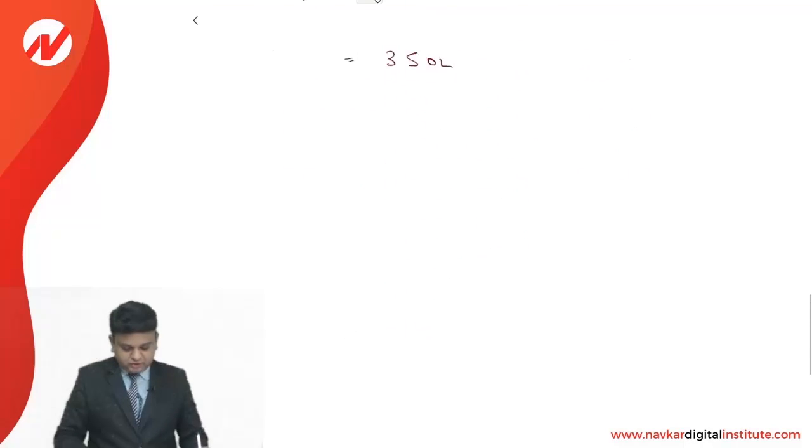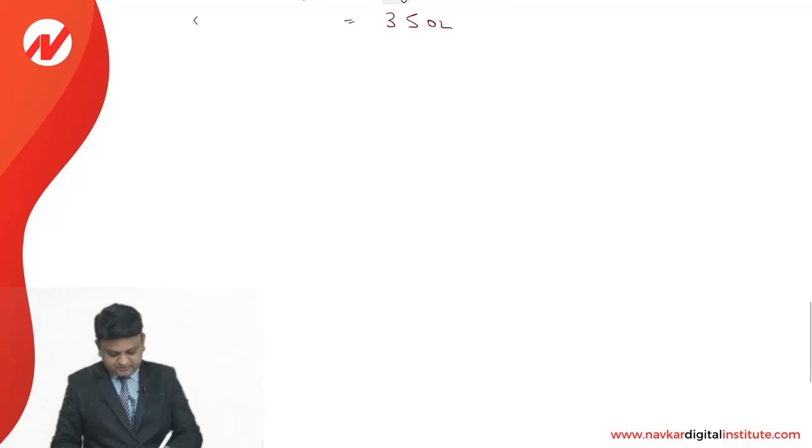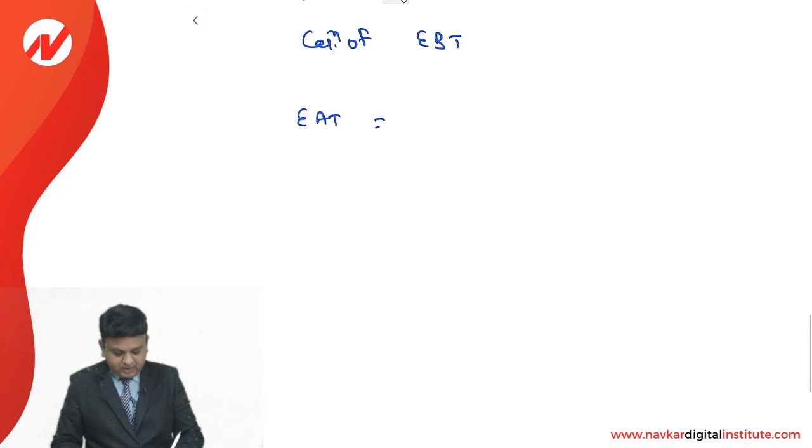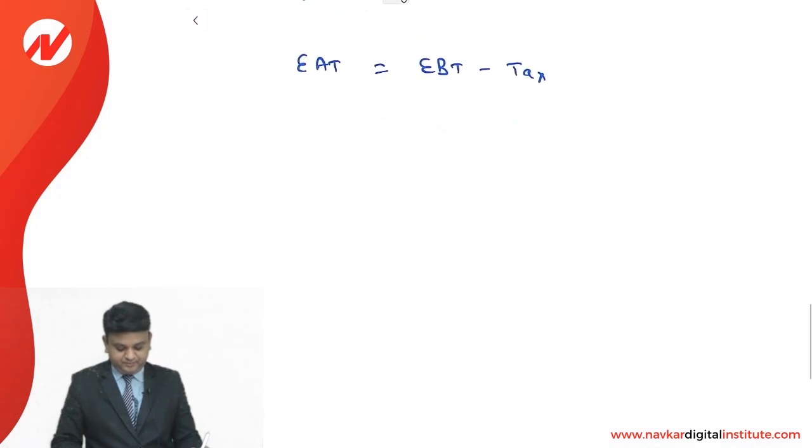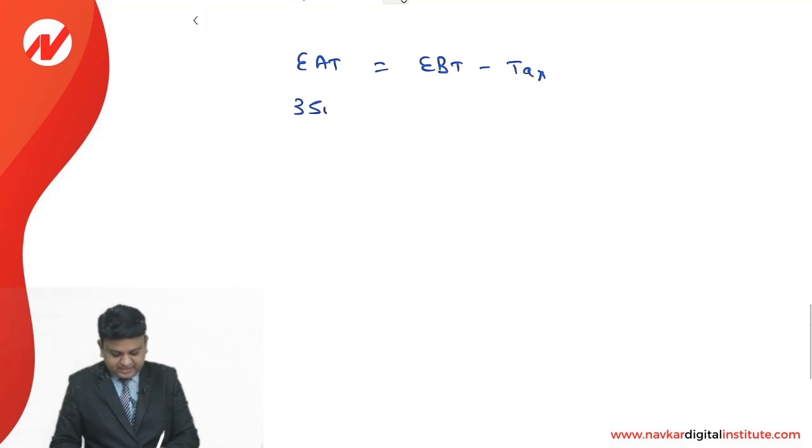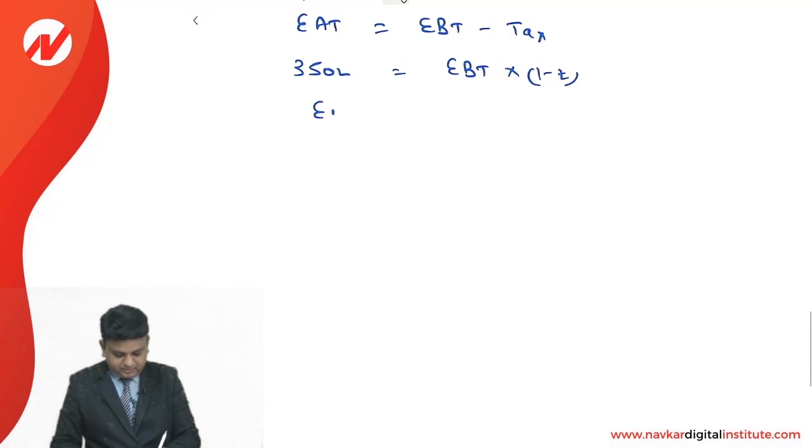Okay. So we understand that the next working is just in detail working. Calculation of EBT. Earning after taxes is earning before taxes minus income tax payment. This is 350 lakhs. So this is earning before taxes into 1 minus tax rate, because EBT is supposed to be found.